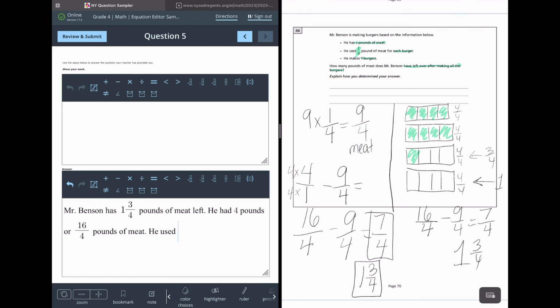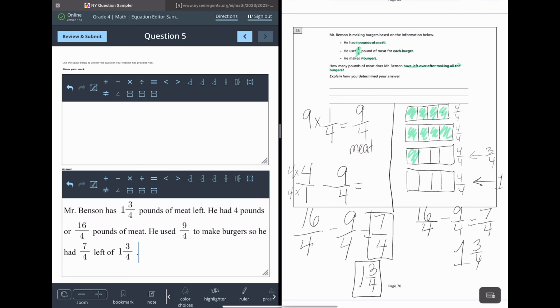He used 9 fourths to make burgers. So he had 7 fourths left, or 1 3/4.